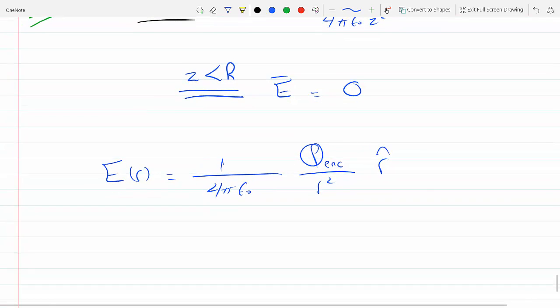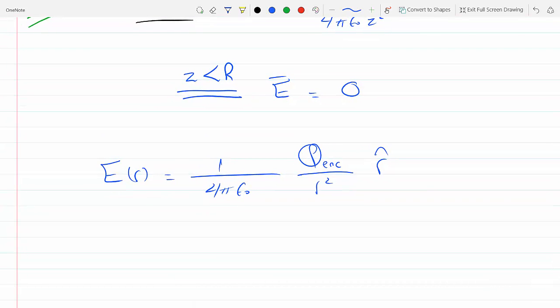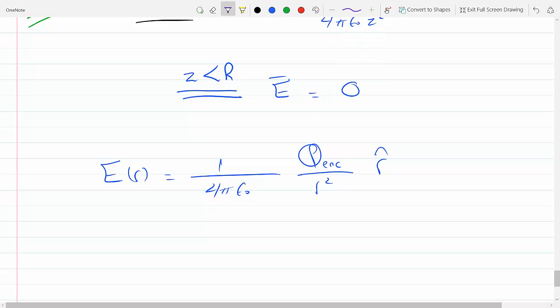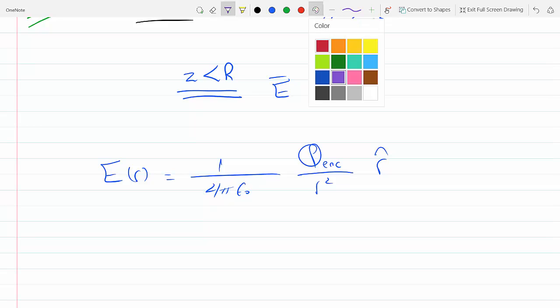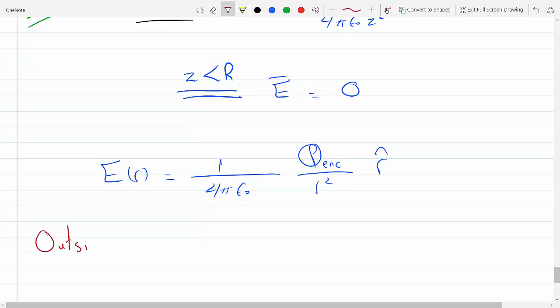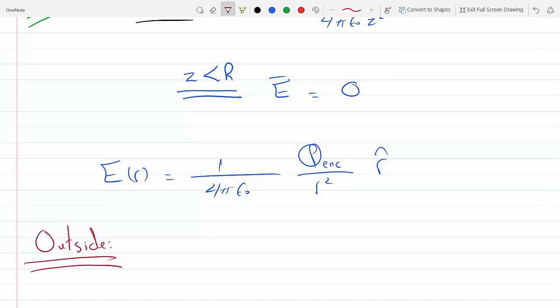Outside the sphere, the charge is all inside, so E will just be 1 over 4 pi epsilon, times the total charge on the sphere, which is just rho times the volume of the sphere, 4/3 pi r cubed, divided by r squared.